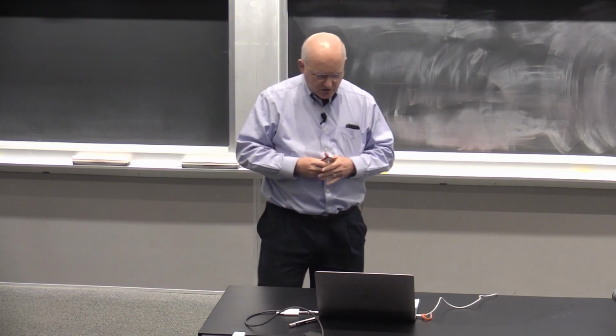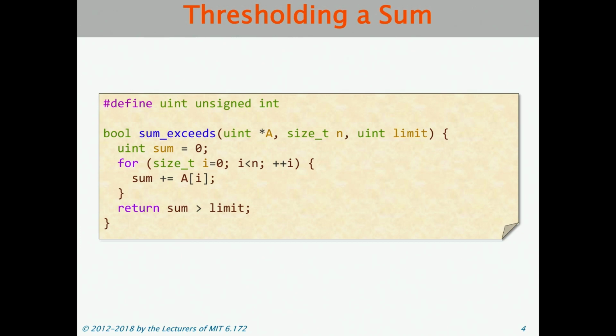So let's just take a look at a very simple example of speculative parallelism, which is thresholding a sum. Here we have a little program that returns a Boolean. It takes as input an array A of length n and a limit, and these are all unsigned integers, say.